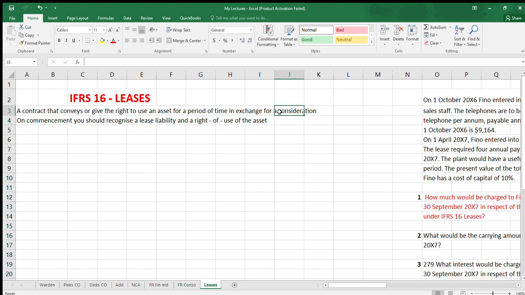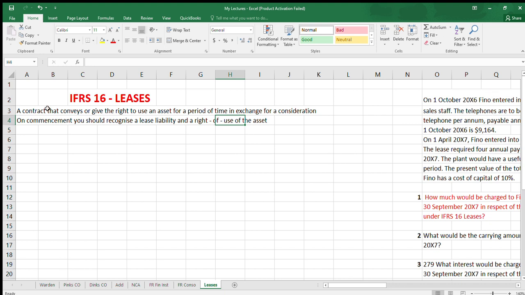So the consideration you will pay becomes the liability, and the right to use this asset becomes the right of use asset. So on commencement you recognize two things: a lease liability and the right of use of the asset. There's a question here I will go through so you understand.